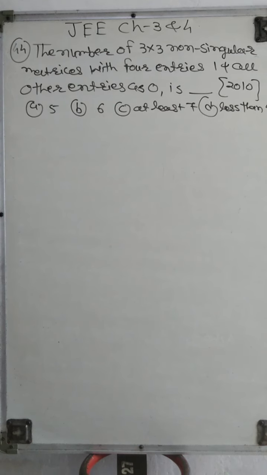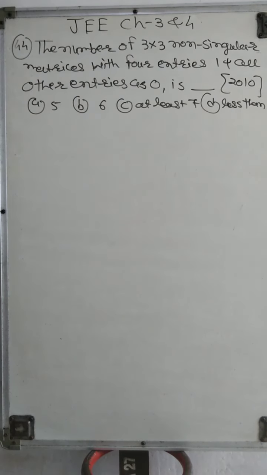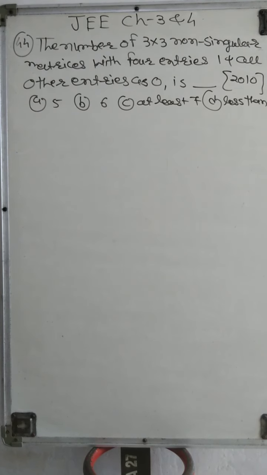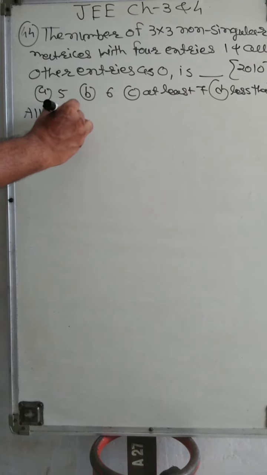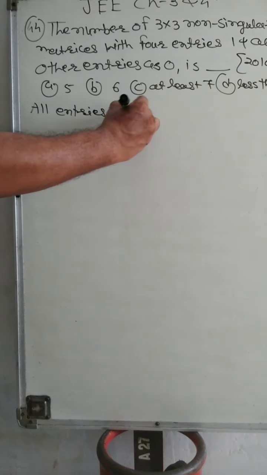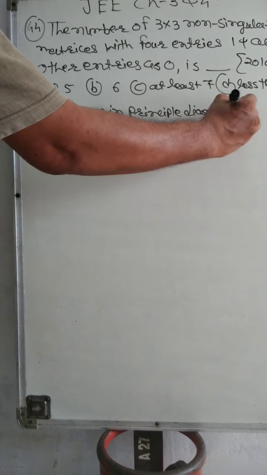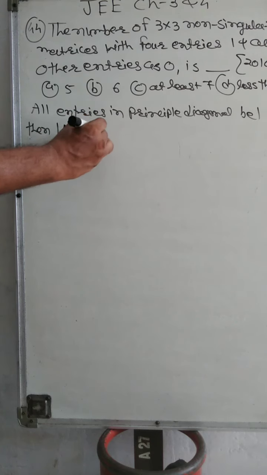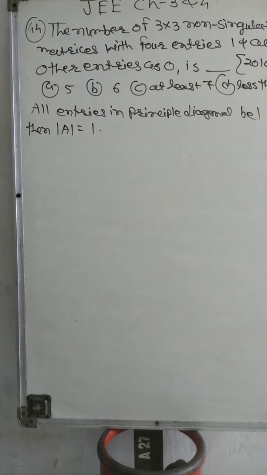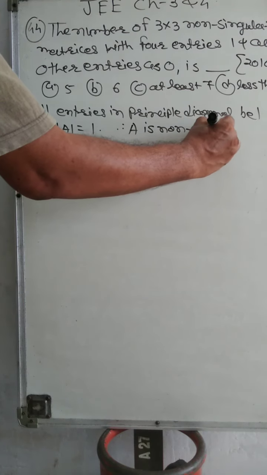This question was asked in 2010, with options A, B, C, D. First of all, we check that if we take all entries in the principal diagonal to be 1, then determinant of A is equal to 1, and we can say that A is a non-singular matrix.